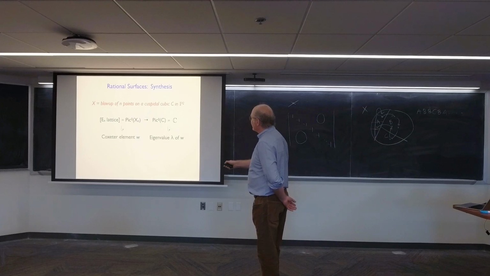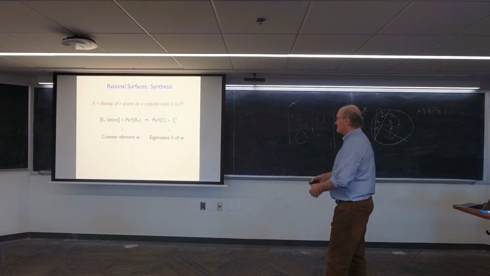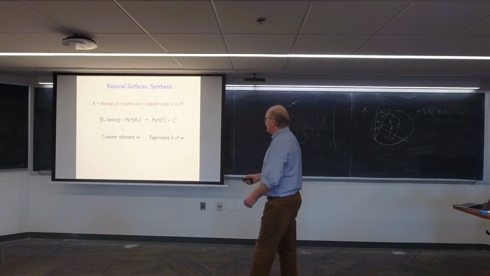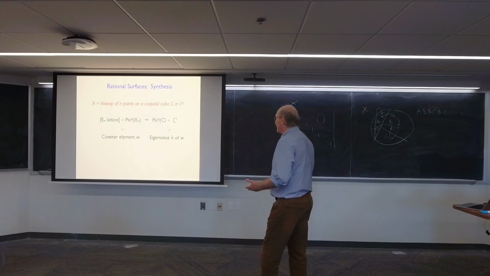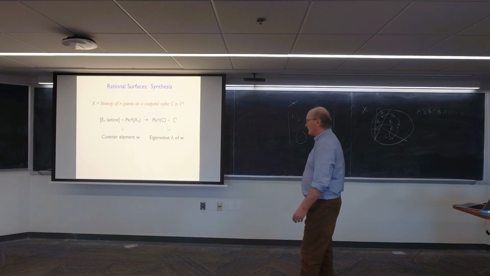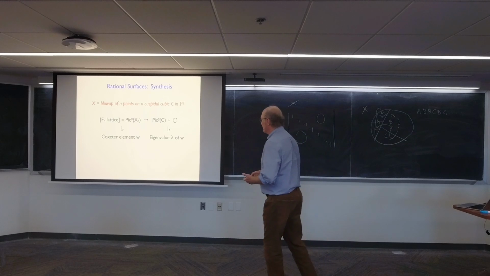And this map would give us a piece of linear algebra data, essentially an automorphism of a 10-dimensional vector space. And what we want to do is choose this automorphism so that this map becomes Lehmer's map, in which case it leaves invariant some eigenvector, and that eigenvector tells us the position of the points on the cuspidal cubic.